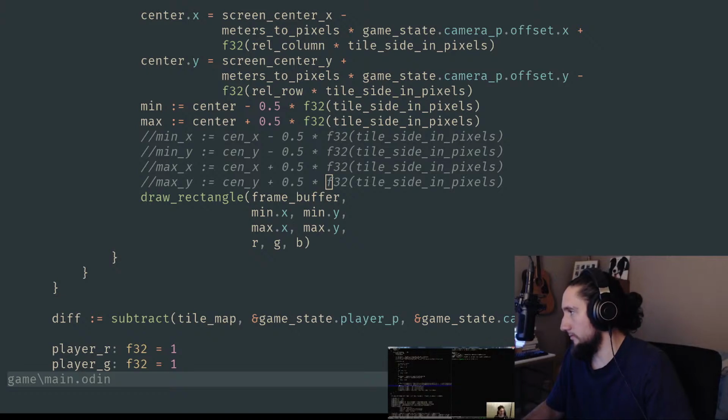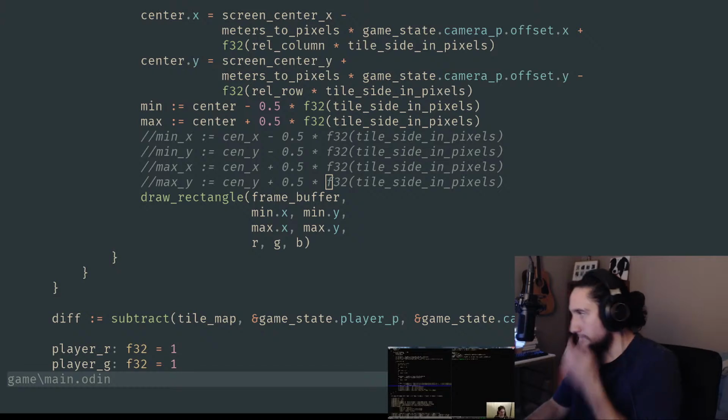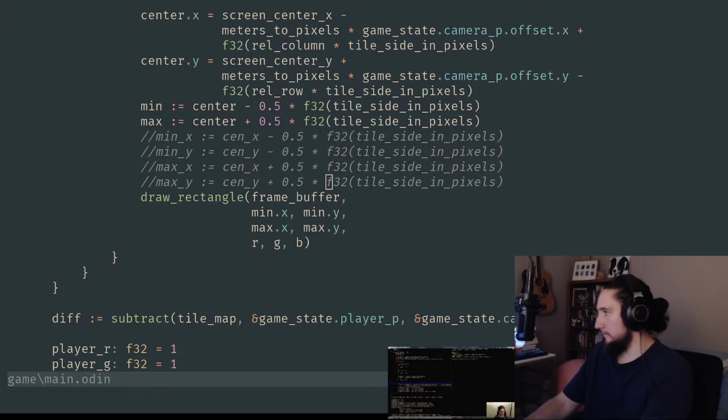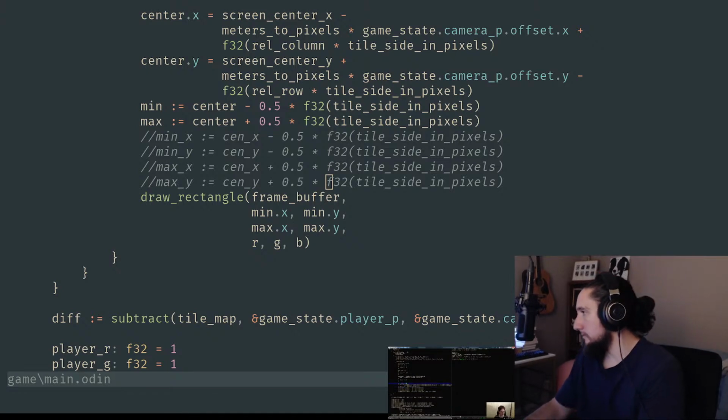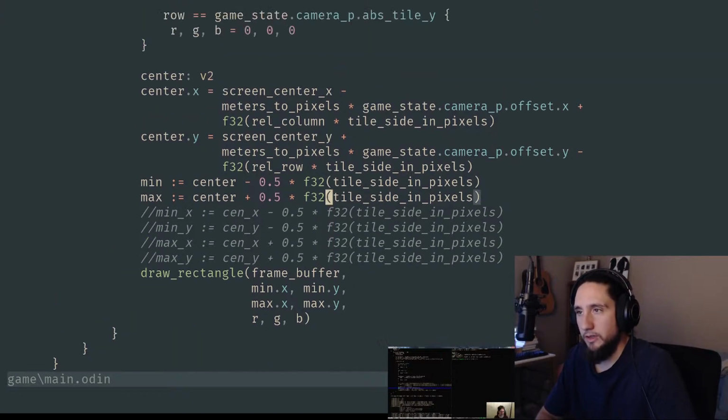So this min, right? This min could easily be computed basically like that. The only question is, I need this tile side in pixels as one. So this is basically tile side is its own vector, like so. There we go. And so tile side and the map. Okay, so he's actually taking this here, and yeah, it's going to do the same thing, right?